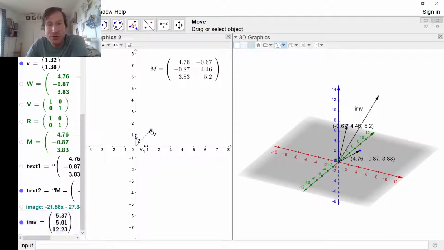Now if we move v, its image moves around in R3. If v is the same as v1, then the image is the same as the output vector for v1 right there. And if v is v2, then the image for v is the same as the image for v2, like that.